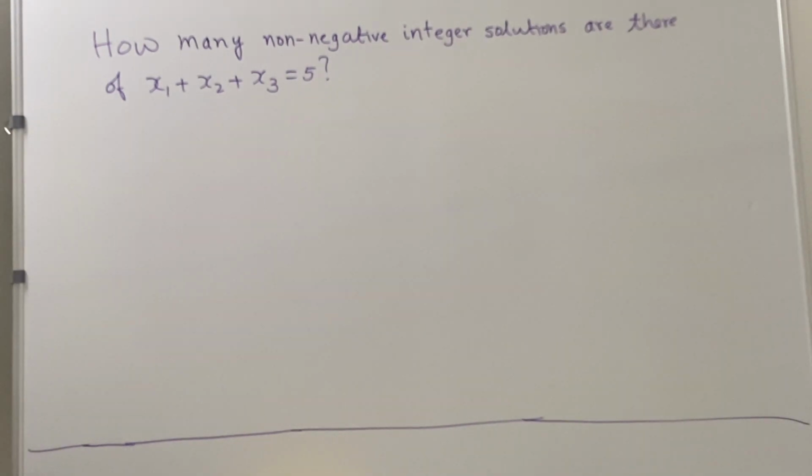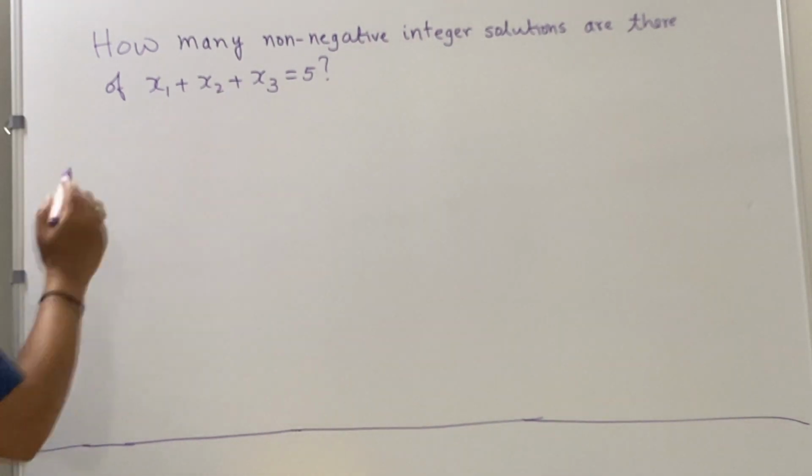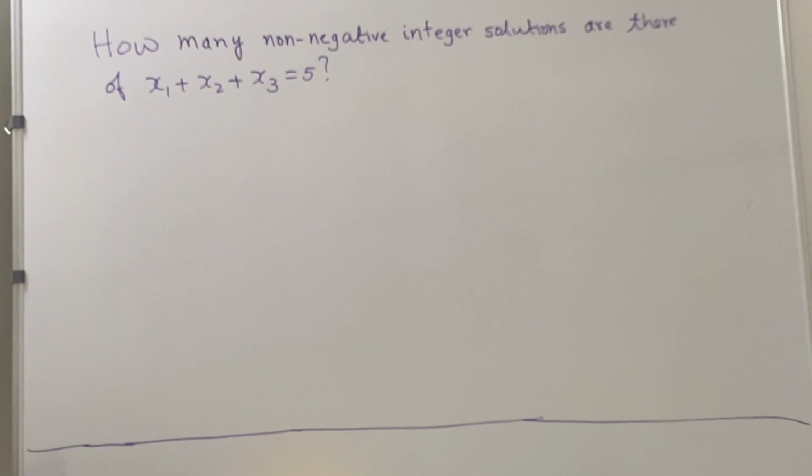The method of counting through correspondence involves setting up a correspondence with another group of objects which is easy to count. So here we will be setting up a correspondence of solutions of this Diophantine equation with certain patterns which I will discuss shortly.